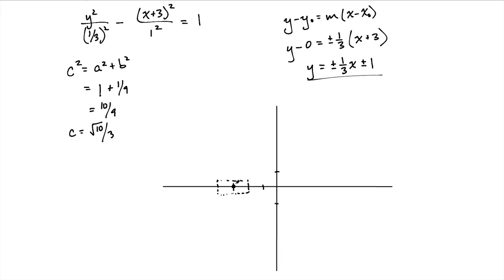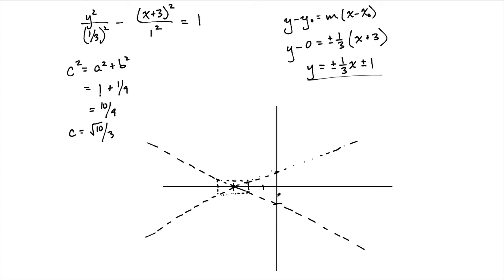And then create our asymptotes. Notice that we can be a little bit more precise with our asymptotes because we know we have got y-intercepts of plus or minus 1.